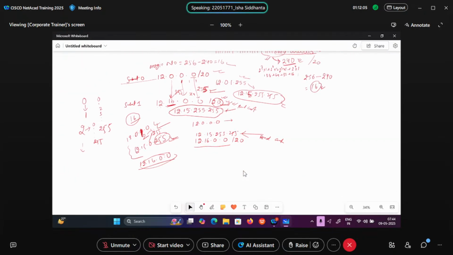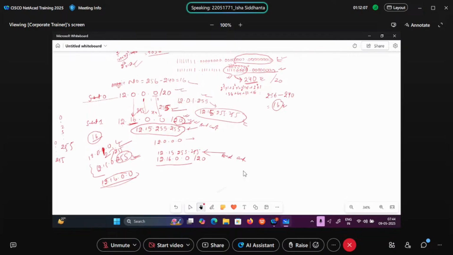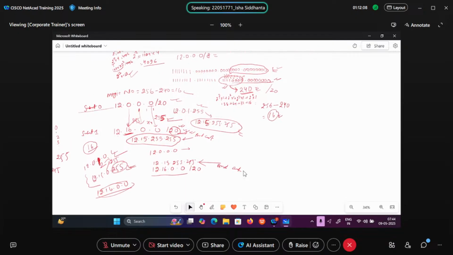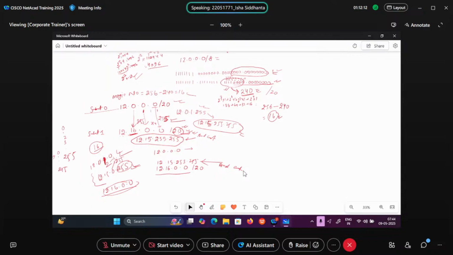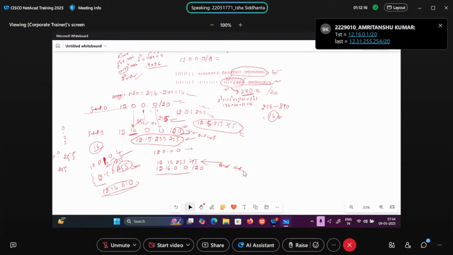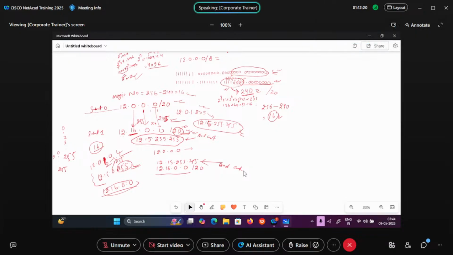Yes, sir. That means the changes in the second octet will not be considered. No, they won't be considered, because just think of it: if you consider the second octet changes, what will happen? The second octet, what value did you get? 255. So if you subtract that from 256, what value do you get?